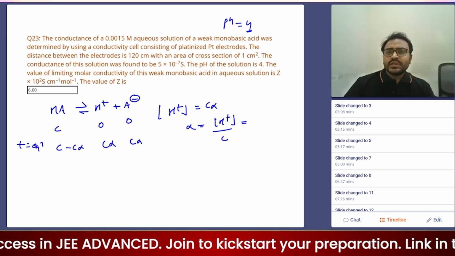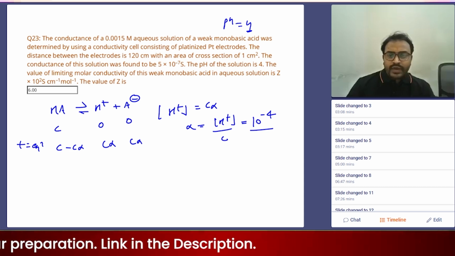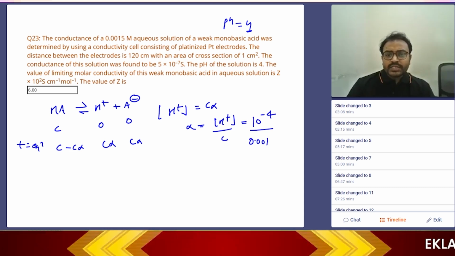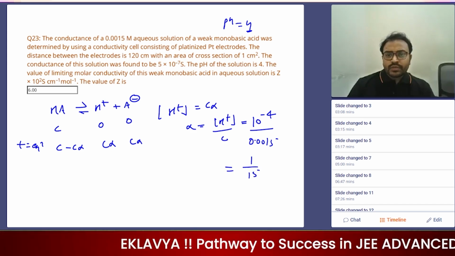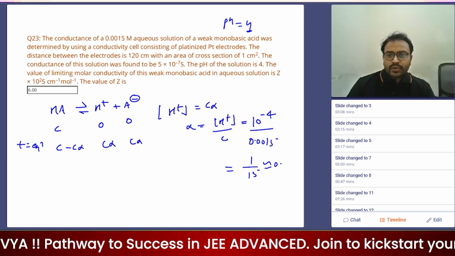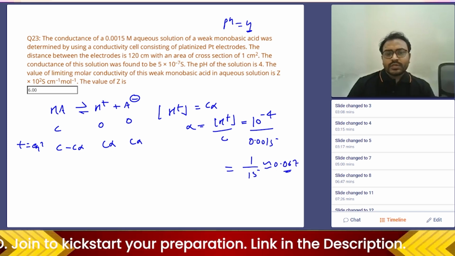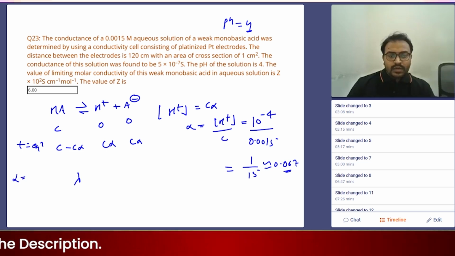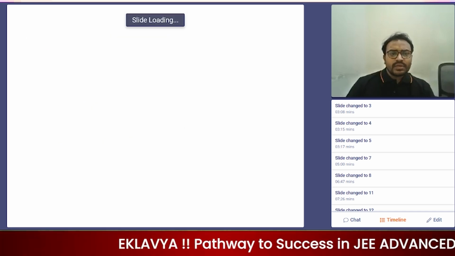So H plus concentration becomes 10 to the power of minus 4, and the concentration of the solution is given, 0.0015. So it becomes 1/15, approximately 0.067. This is the value of alpha, right? Now, because alpha is equal to lambda m by lambda, no, okay, let us take this symbol.